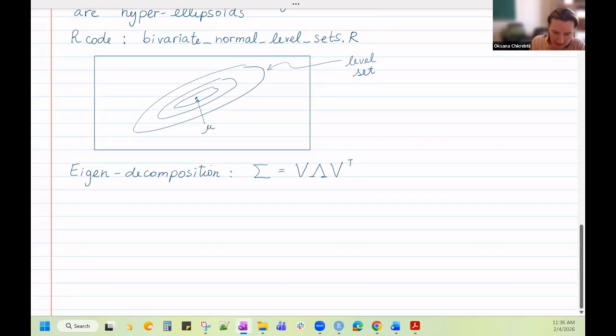We will see that the eigenvectors in V define the principal directions of greatest variation in the multivariate normal distribution.